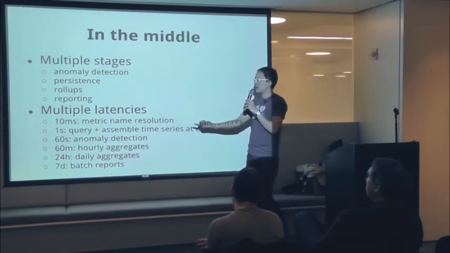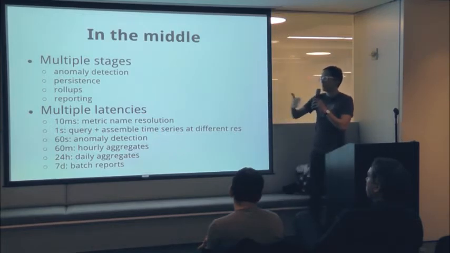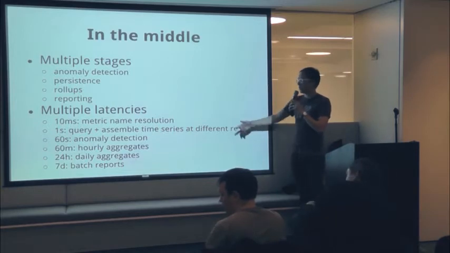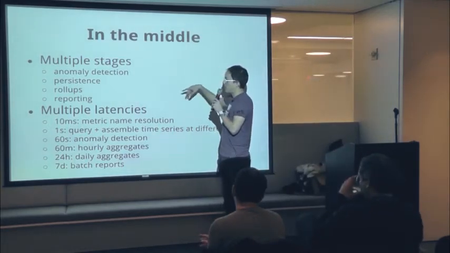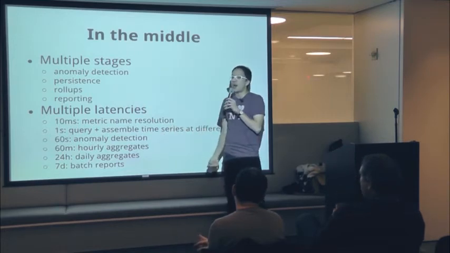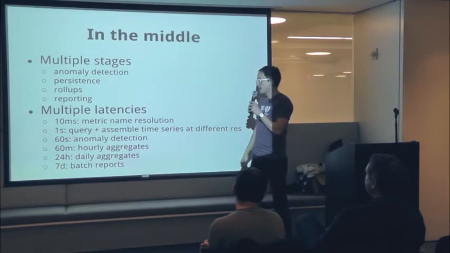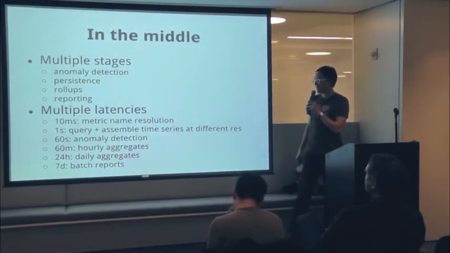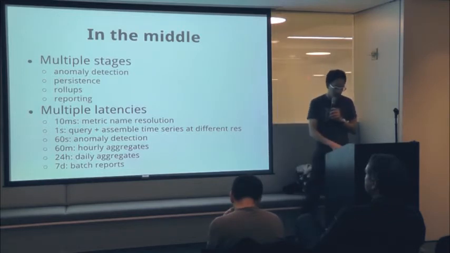Anomaly detection, I talked about it, is typically a 60-second time span or latency, no less than that. For hourly aggregates, any stage in the processing pipeline that rolls up hourly needs to wake up every 60 minutes to compute the aggregates for the past hour. Same thing for dailies, and if you do batch reports every week, you run that every 7 days.